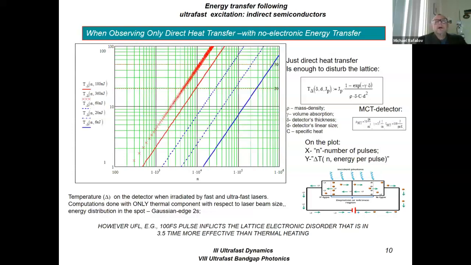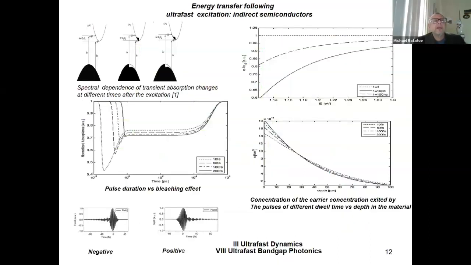There's a little calculation of what happens if we use a long pulse versus a short pulse excitation. Very generally, it's about 3 times more effective. This is a very humble and straightforward calculation, not supposed to use specific heat and all of that. So let's go to the next slide.